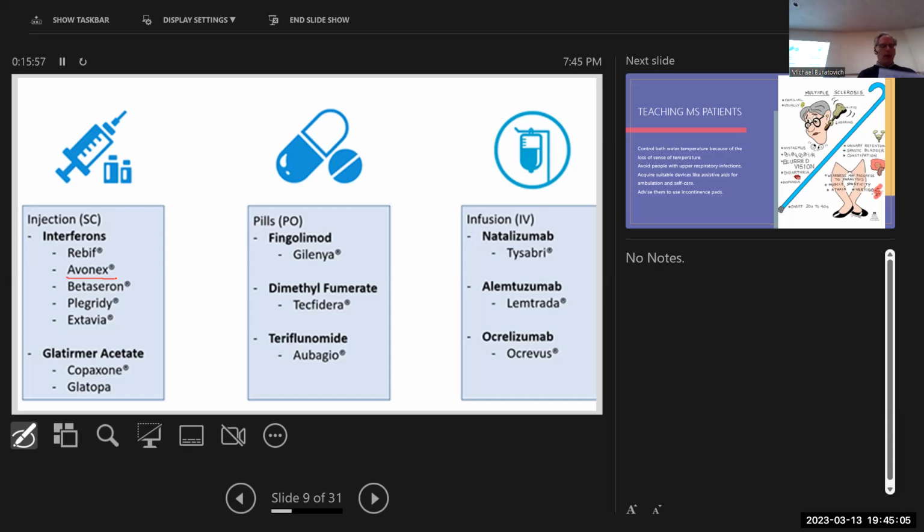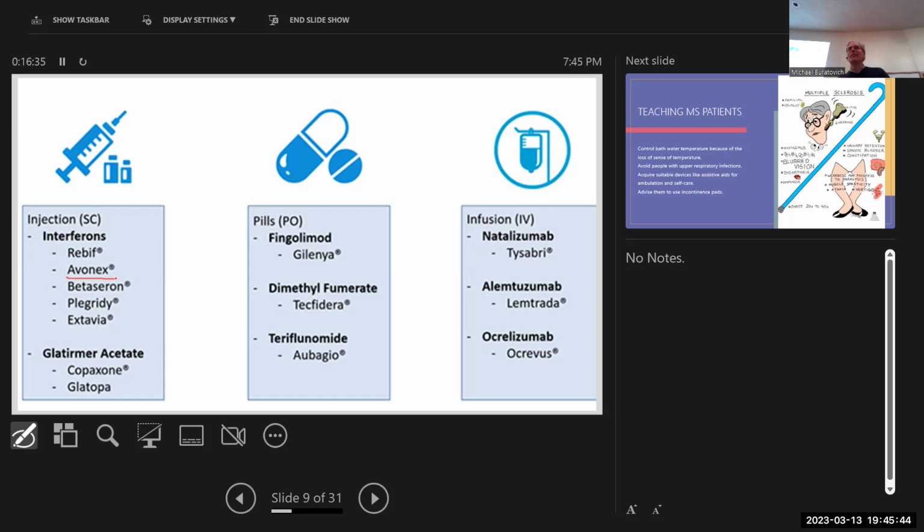Glatiramer acetate is probably the safest of the MS drugs. It's very well tolerated. What it is, it's a bunch of short polypeptides, and what they appear to do is keep the immune system busy. That's more or less what they do. It has to be injected once daily or at least 3 times a week.